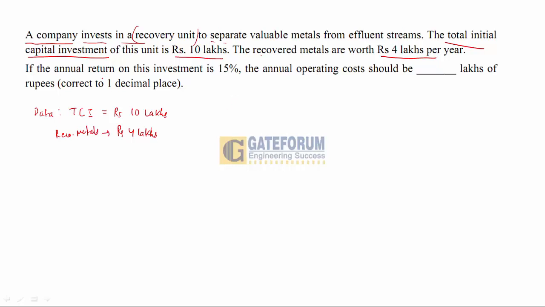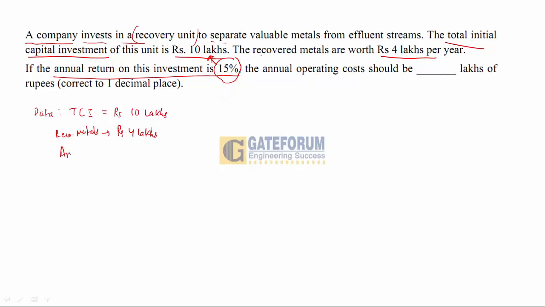Okay, next what is given? If the annual return on this investment is 15%, this line is very important. It says that the annual return on this investment, which investment? The investment in setting up that plant, is 15%. So this percentage will be a percentage of this much. This thing is actually important to understand.